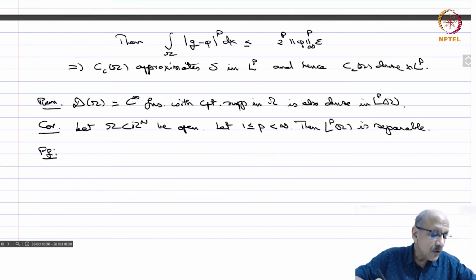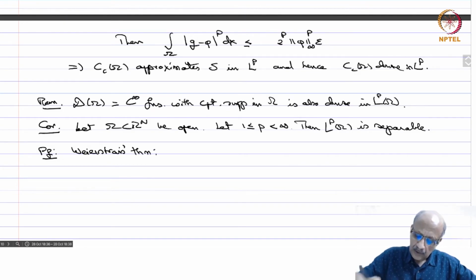Okay, proof. So the Weierstrass theorem says, what does it say?